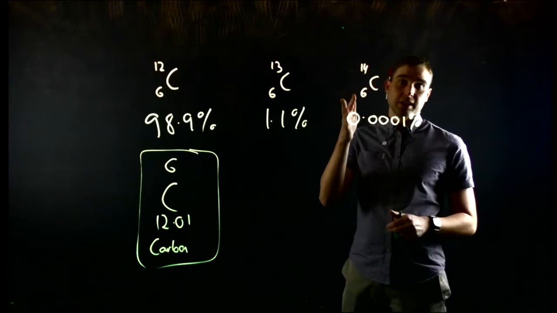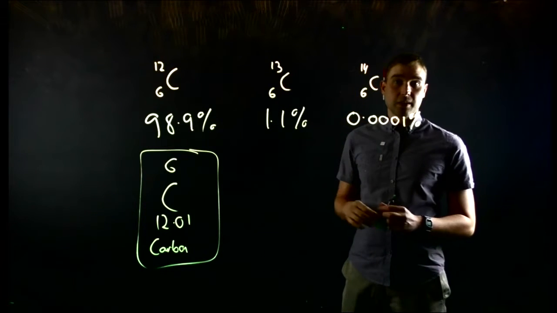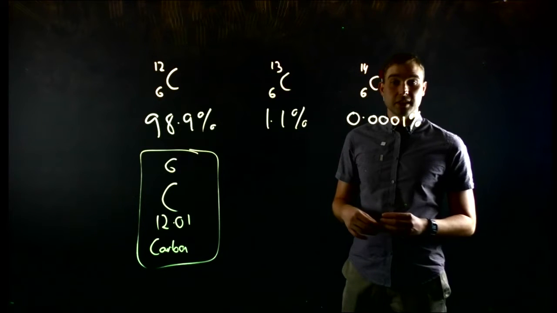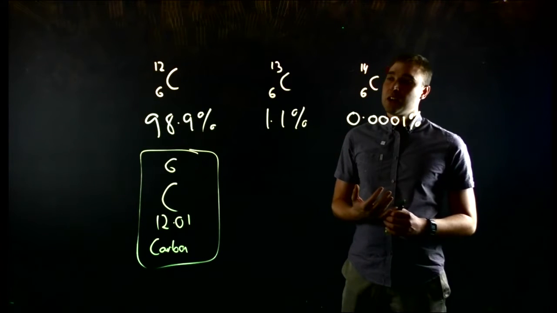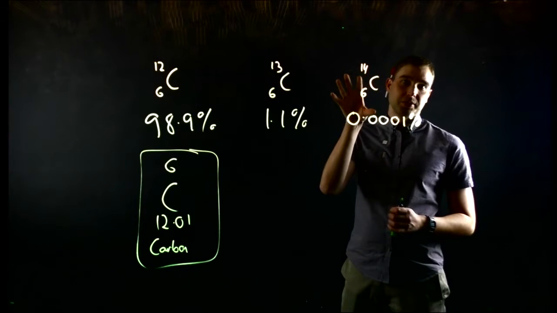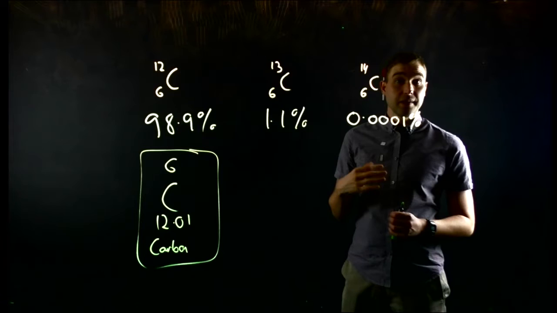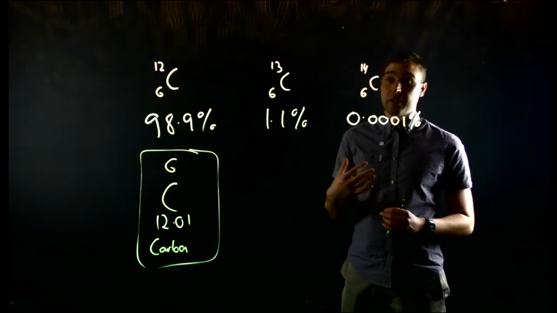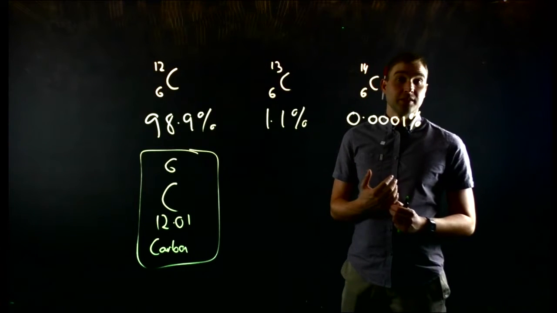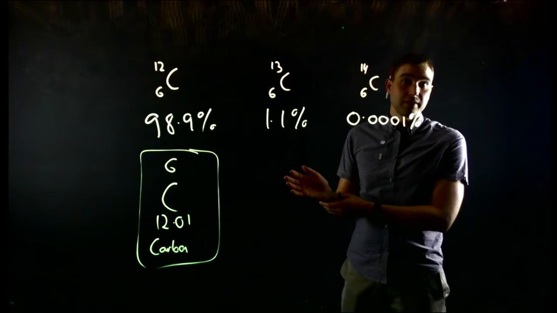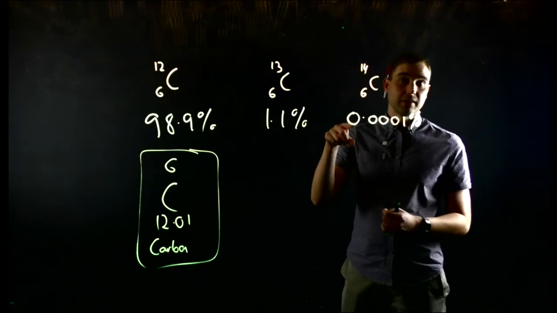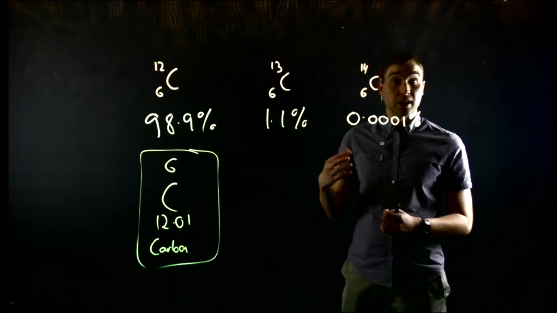And this carbon-14, because it's radioactive, it starts breaking down. So it breaks down into other elements that aren't as radioactive. So over time, the amount of carbon-14 in your body decreases, and after 5,730 years, you have half the amount of carbon-14 in your body than you would today if you're alive. So if I died, my body was buried, 5,730 years later, I would have half the amount of carbon-14 in my body than I do today.